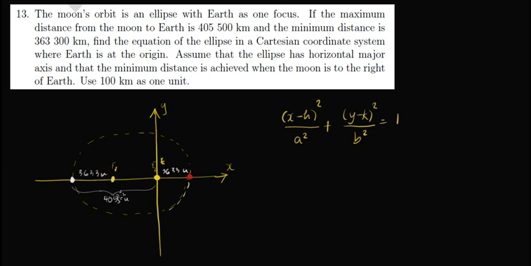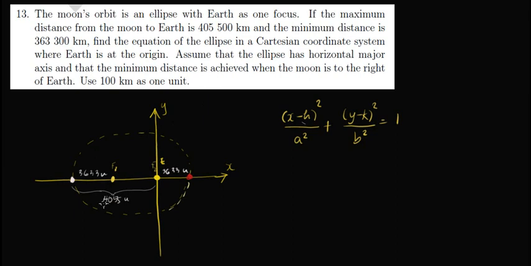Okay. So, ang gagawin natin, we need to look for the value of h, a, and b. So, para magawa natin yon, kailangan natin munang makuha yung center. Nasaan yung gitna nito? So, we need to compute how long is this. If this is 4,055 units, and this is 3,633 units, so how long is this?